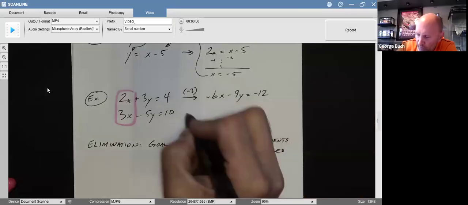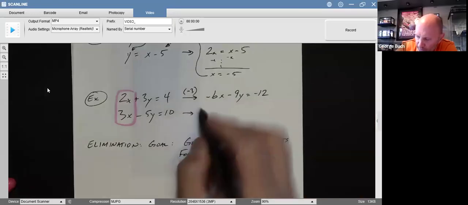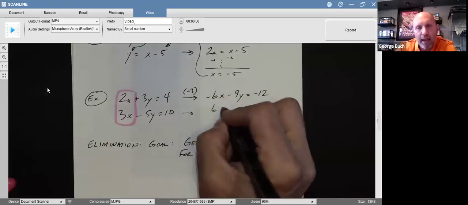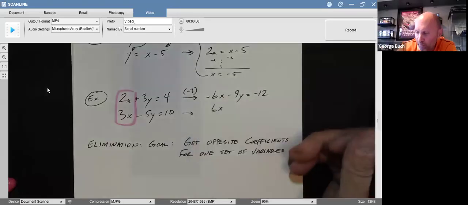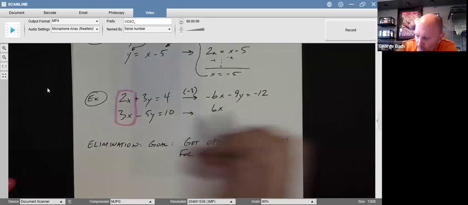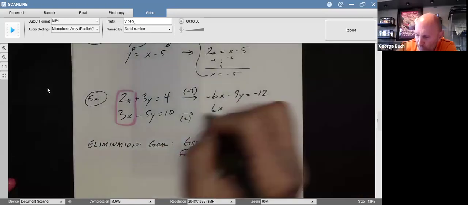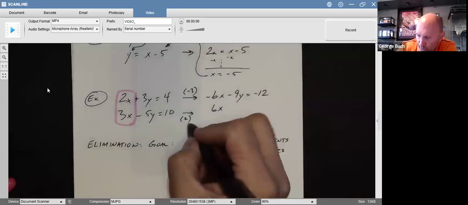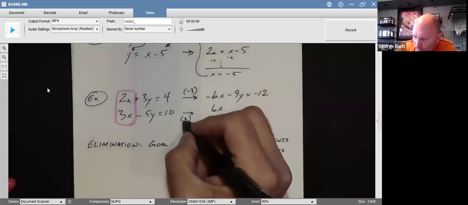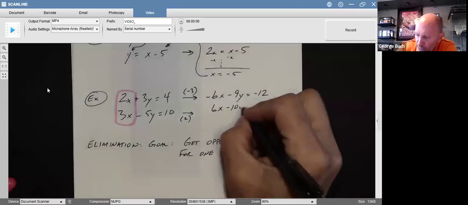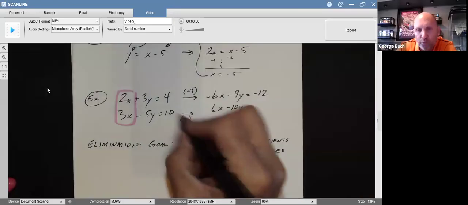And then if I want these to be opposite, I need this to be what? A 6x. That way, when I add down, the x variable is eliminated. So I have to multiply this row by 2. So I got 2 times 3x is 6x. 2 times -5y is minus 10y. And 2 times 10 is 20.